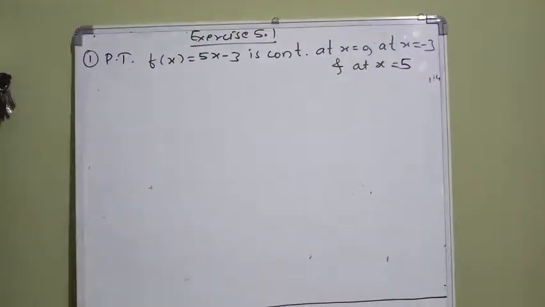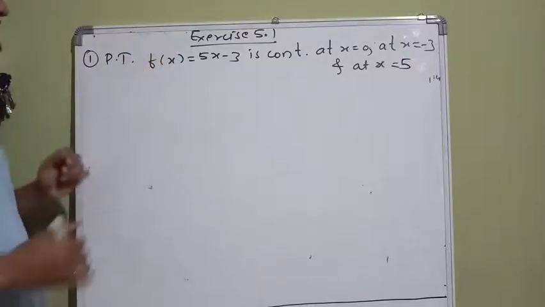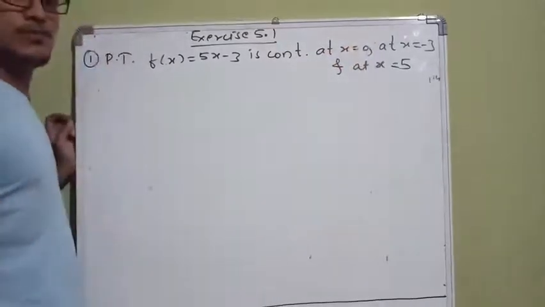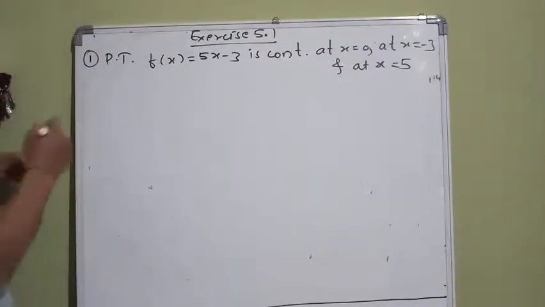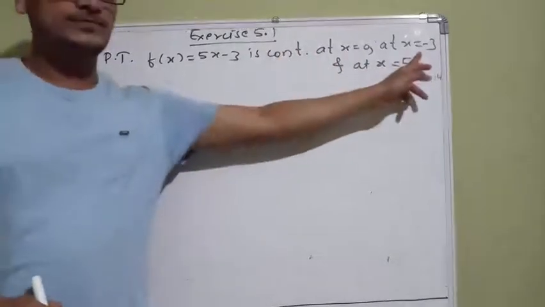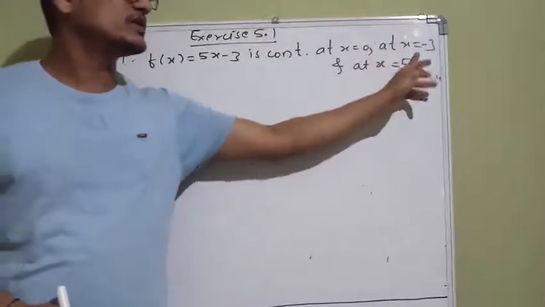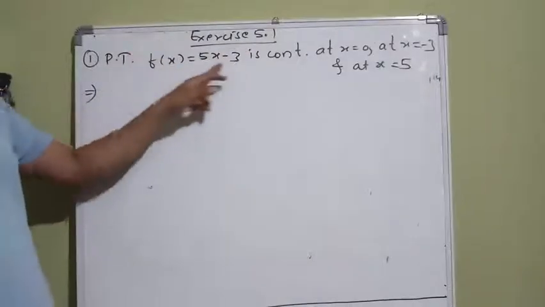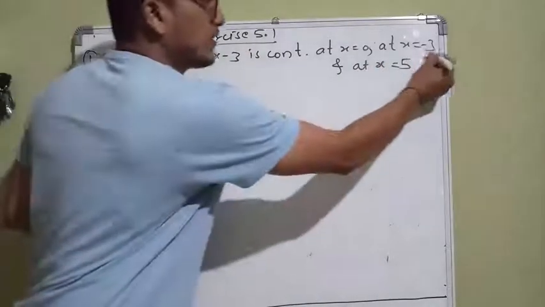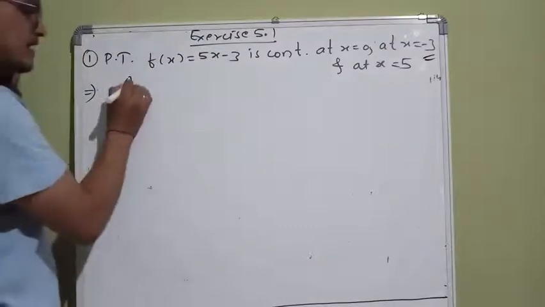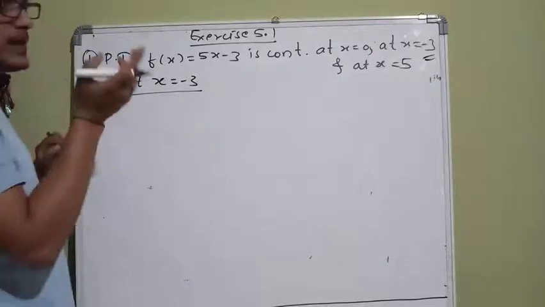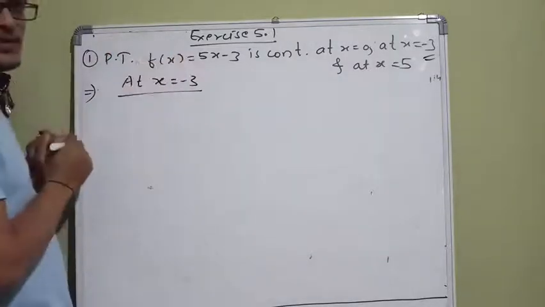So you have to prove that this function is continuous at these 3 points. I will show you for one point, x is equals to minus 3. You do it as homework for x is equals to 0 and x is equals to 5.